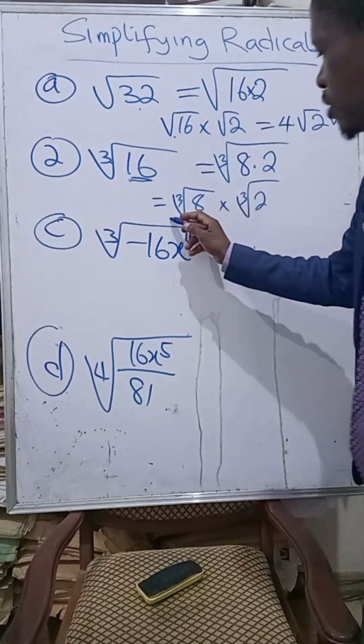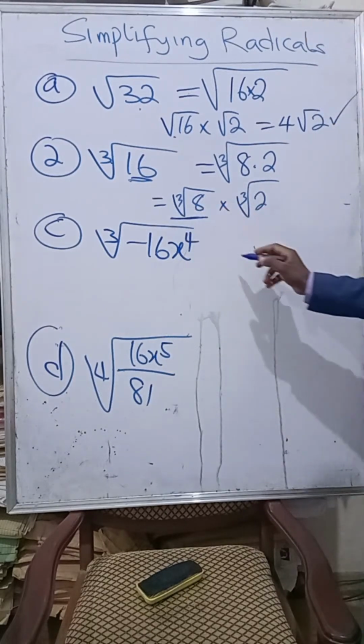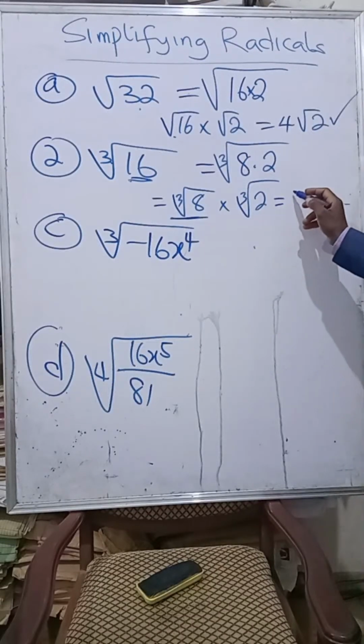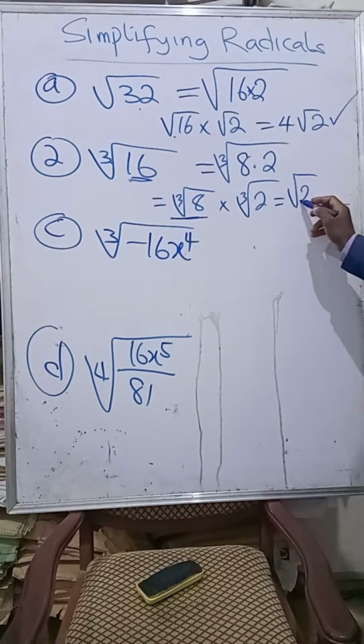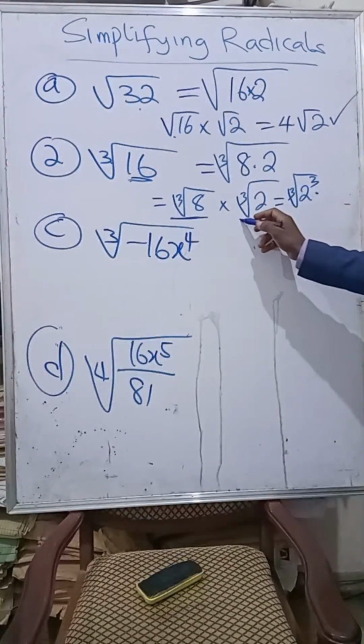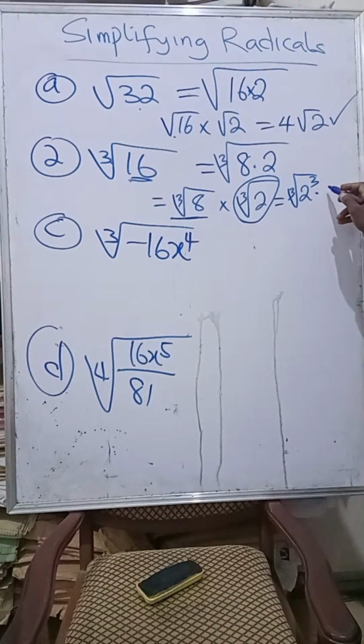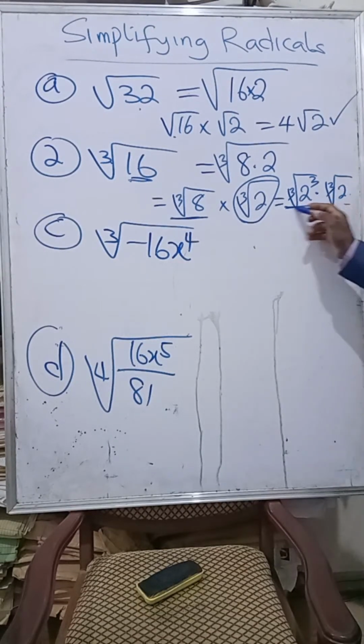So cube root of this one will give us 2. And this one has no answer. That'll be cube root of 2. And don't forget the rule we just said. So this will be 2 times this. So that's that on that.